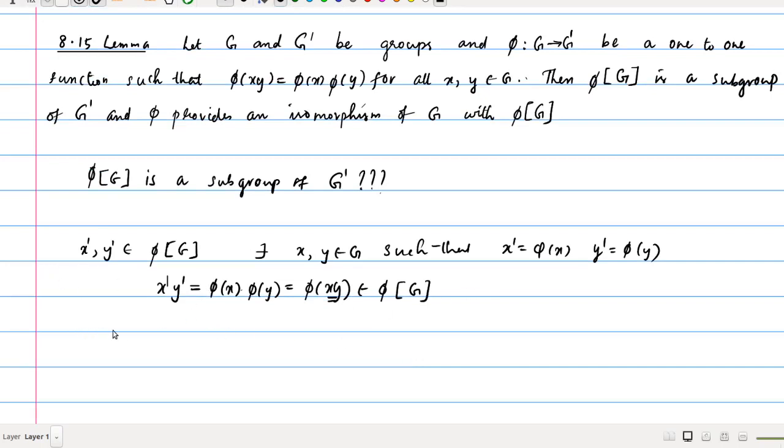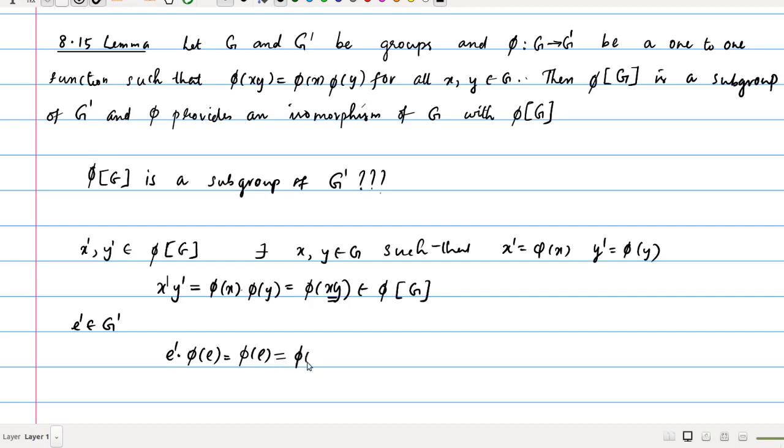Next we will prove the existence of identity. We know that since G prime is a group, e prime exists in G prime. We need to prove that e prime is also an element of phi of capital G. So we start with e prime times phi of e. Phi of e is always an element of phi of G because e is an element of G. This is the same as phi of e because e prime is the identity element.